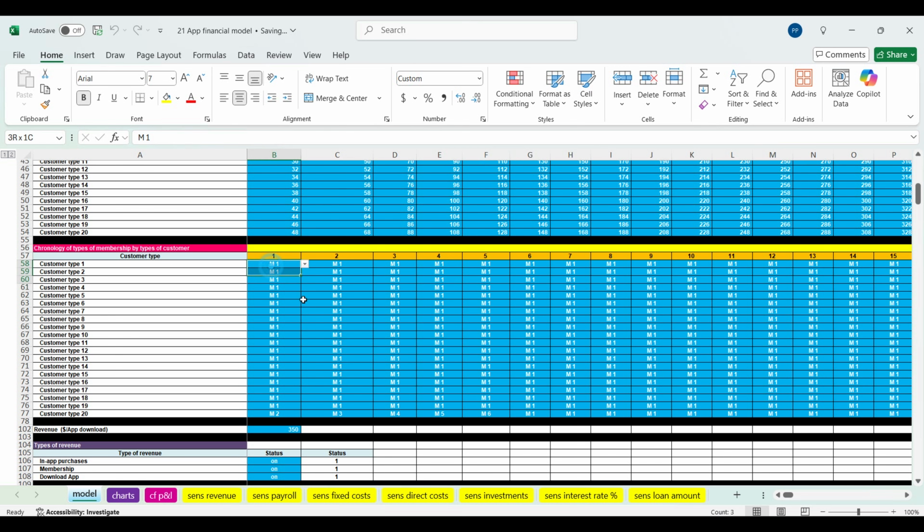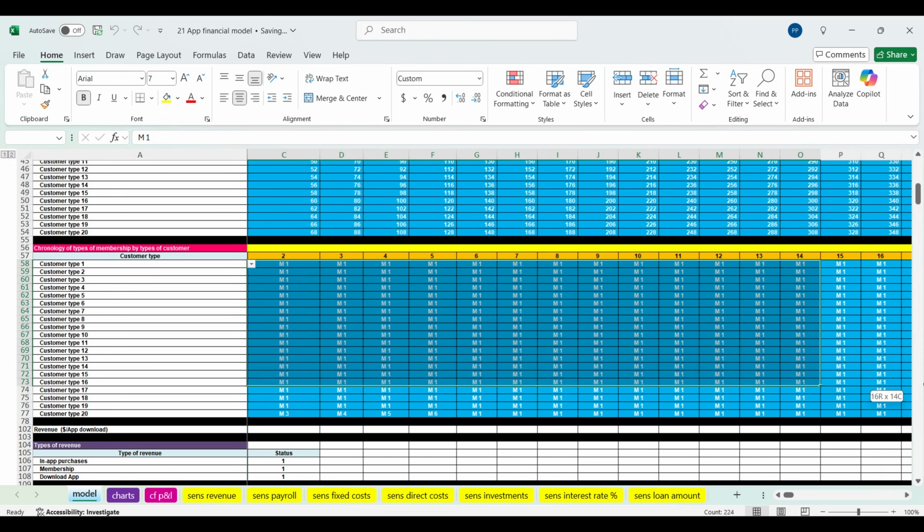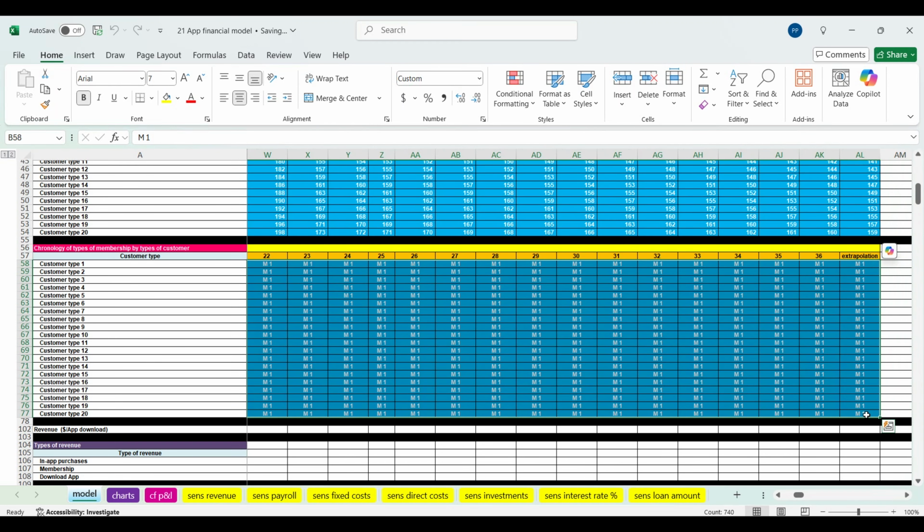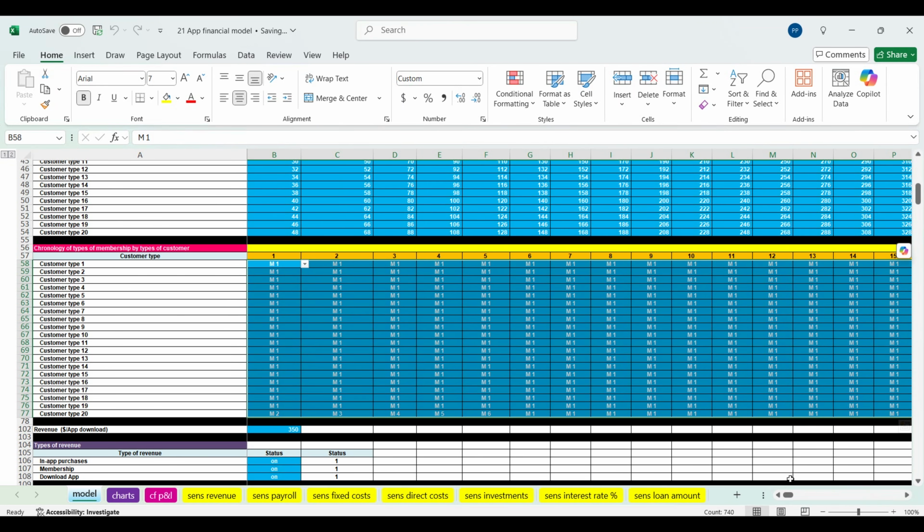And having this block of inputs, you will be able to play with all these inputs, and this will show you how flexible your business idea is in this scenario or that scenario. You will be able to see maybe you are too optimistic, and you will need to rethink your business concept.